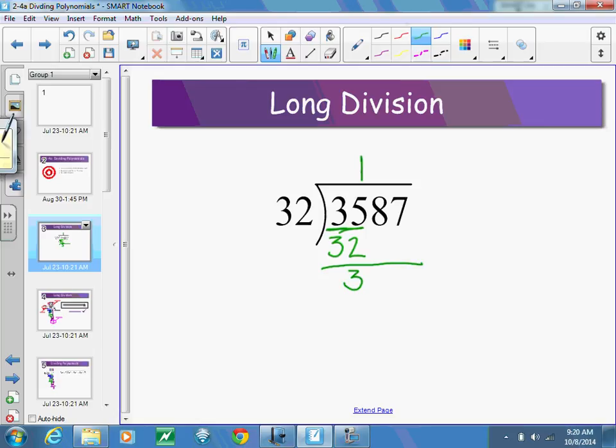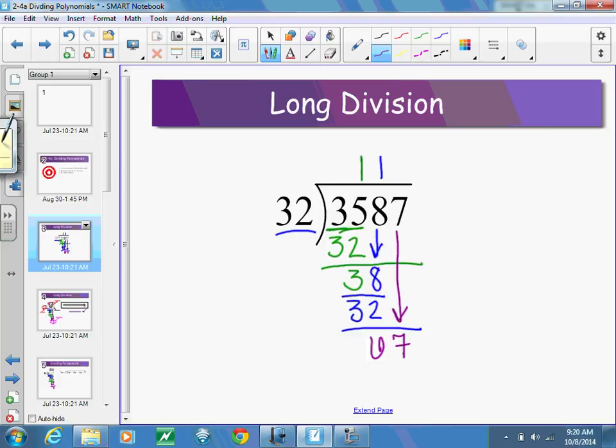Next, I'm going to bring down the next term, which in our case is 8. And now I ask, how many times does 32 go into 38? Well, it goes in there one time. Now 1 times 32 is 32, and once again we subtract. 38 minus 32 gives us 6, and then I bring down the 7.